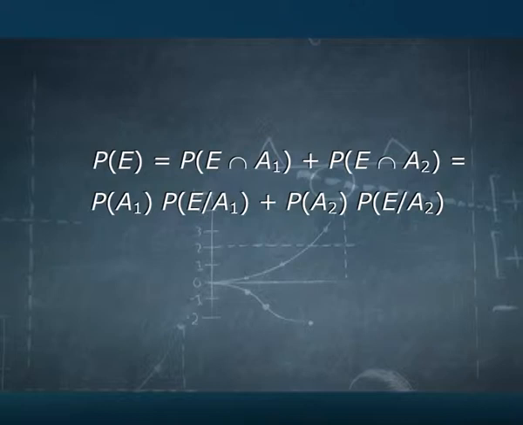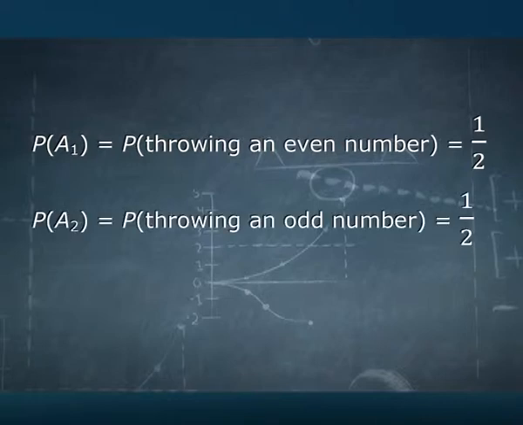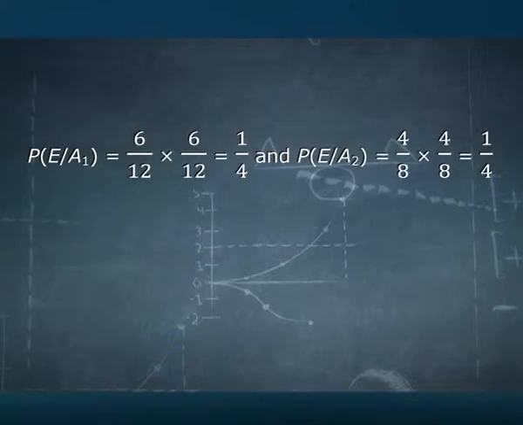Now the probability of A1 is equal to the probability of throwing an even number, that is equal to 1 by 2. The probability of A2 is equal to the probability of throwing an odd number, that is again 1 by 2. So the probability of E given A1 will be equal to 6 by 12 times 6 by 12, so that is equal to 1 by 4.